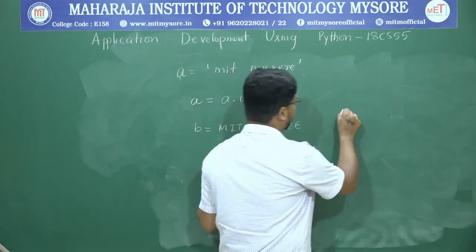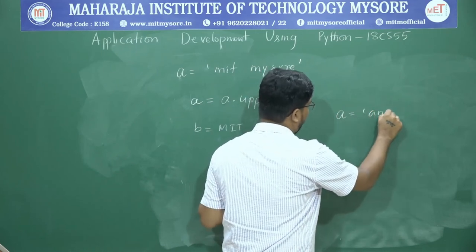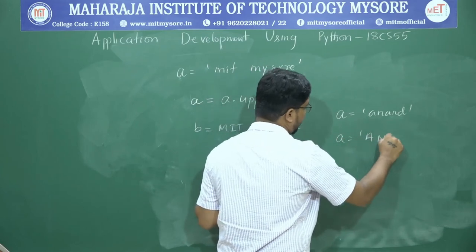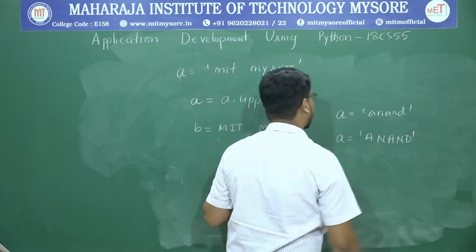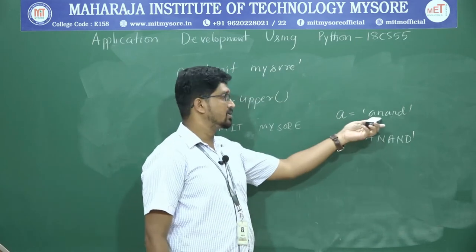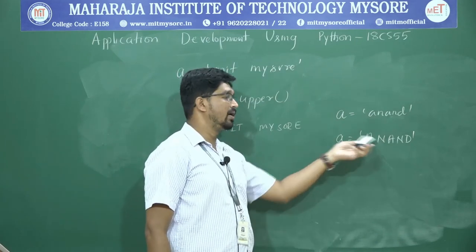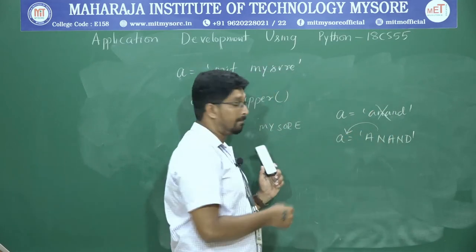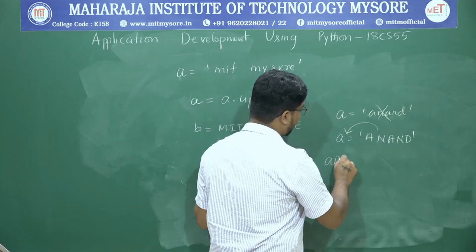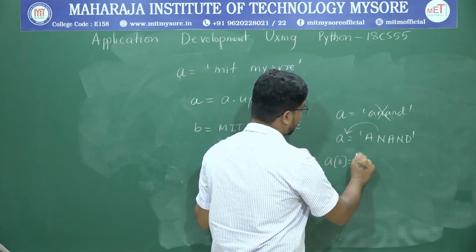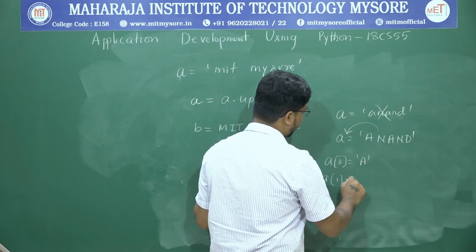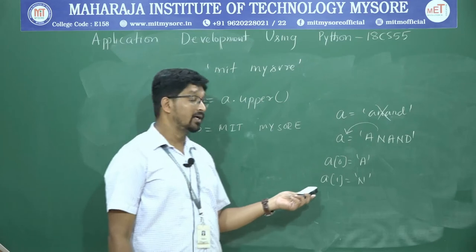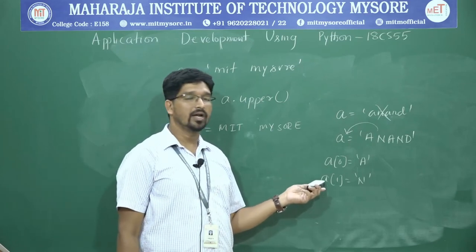Reassigning is nothing but like this: A is equal to Anand, initially this is A. Still, if you want to make it uppercase, you can make it ANAND. Now A contains lowercase Anand, and the next time A contains uppercase ANAND. So this will be removed and this will be stored in A. Whereas you cannot perform it like this, A of 0, A of 1, capital N. You cannot perform individual character assignment, because strings are immutable.